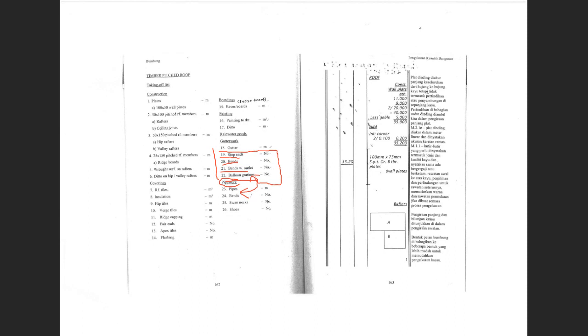I would like to highlight a few items available for you to go through and check, and for you to discuss among the group members. You may divide the items among group members. Maybe Farah, you will focus on the wall plate only. Lu, maybe you can focus on the rafter only.